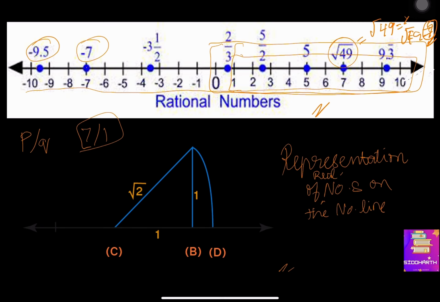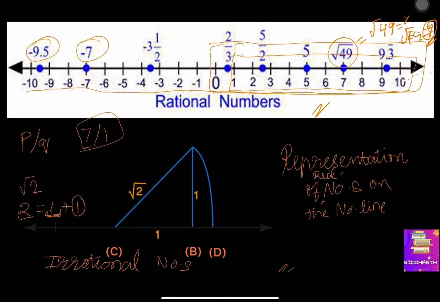Now next is the representation of irrational numbers on the number line. If I ask you to plot root 2 on the number line, what would you do? First, take 2 and express it as a sum of 1 plus 1.